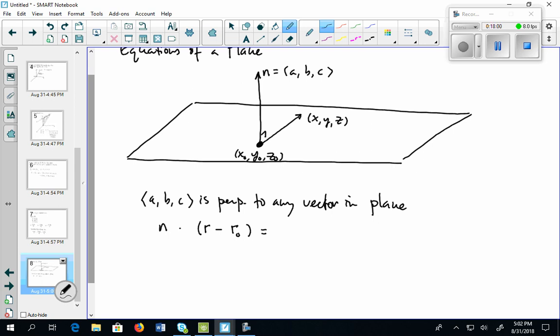And that's going to be equal to, well, if I dot these two vectors together, it's going to give me 0. And I can rearrange this simply by writing n · r = n · r₀. And this is what we call the vector equation of the plane.